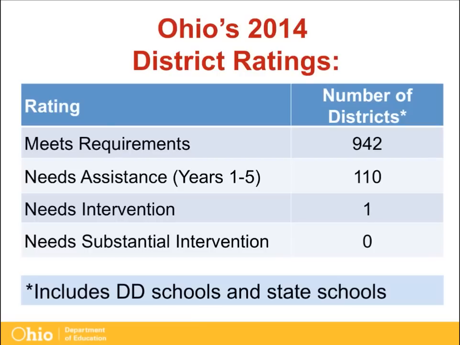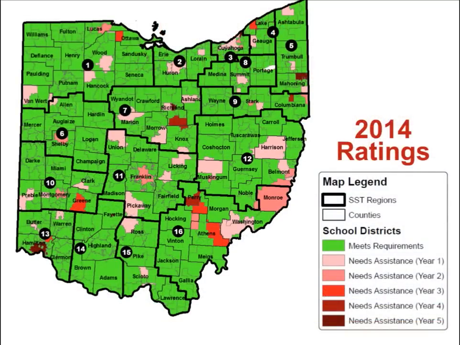The total reflects more than 1,000 entities because states give ratings to all local education agencies that receive IDEA funding. This includes districts, community schools, county boards of developmental disabilities, and Ohio's state-supported schools. This map shows the 2014 ratings for school districts only.